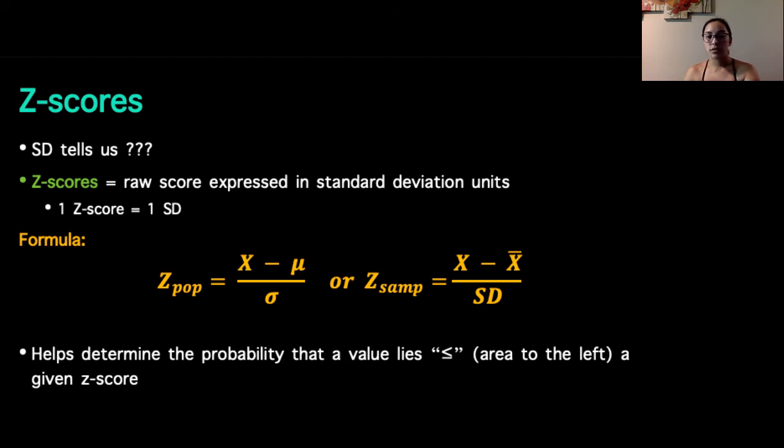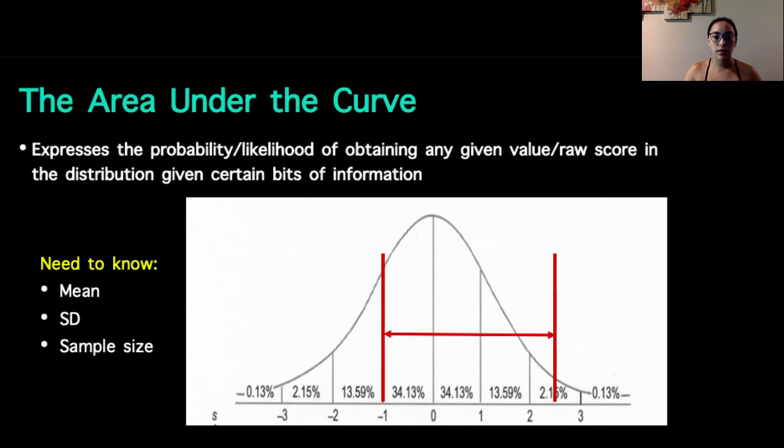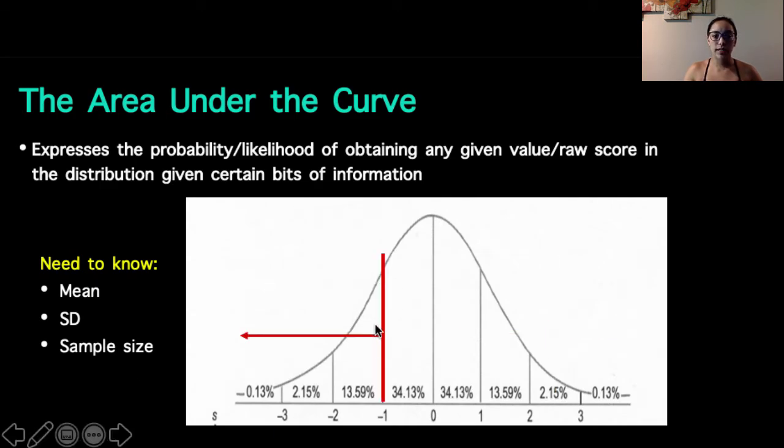This is going to help us determine the probability that a value lies, and I loosely use this, less than or equal to a certain raw score of interest. Okay? In other words, it's the area to the left of a given z-score. So if we go back to this slide, calculating a z-score gives us this picture. Right?